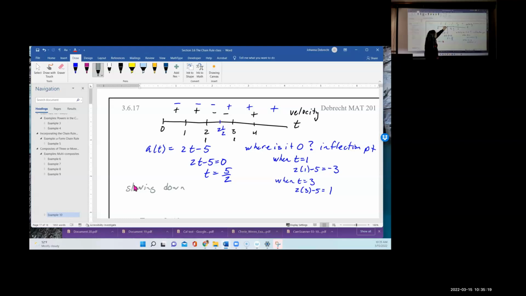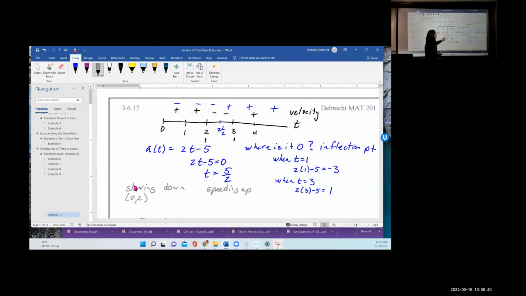Notice that at 2, they switch signs on the velocity. But between 0 and 1 and 1 and 2, they have opposite signs. One's negative and one's positive. So from 0 to 2, it is slowing down.